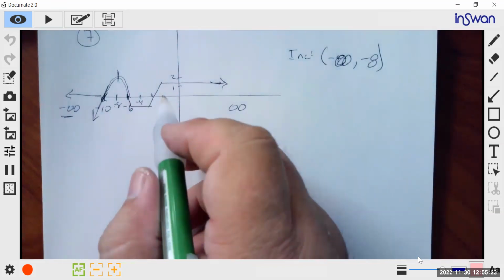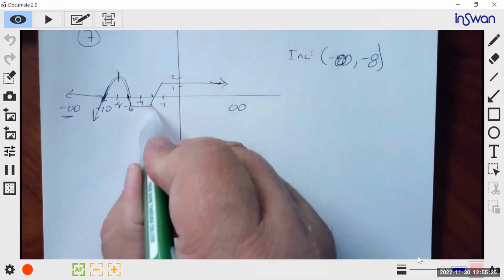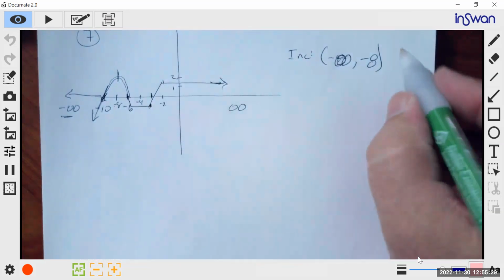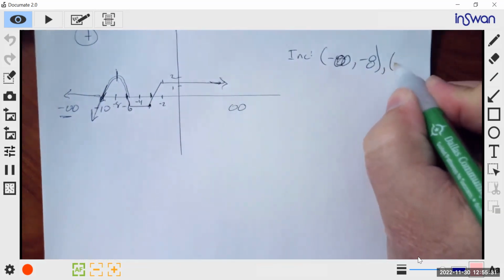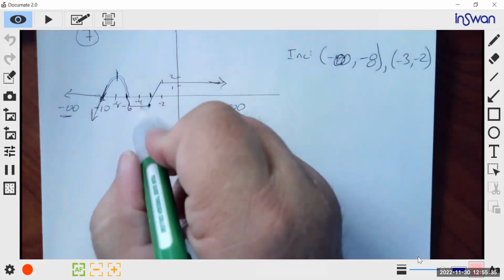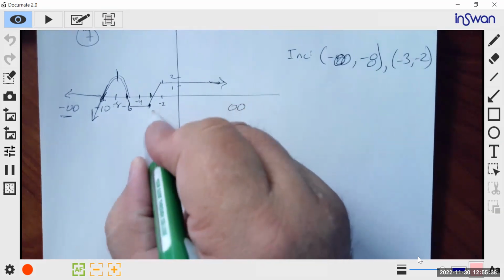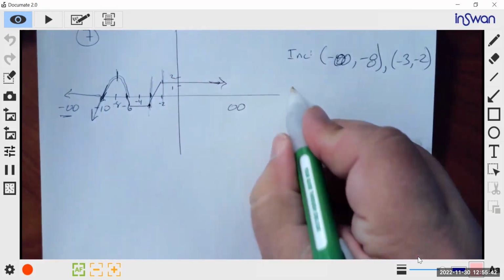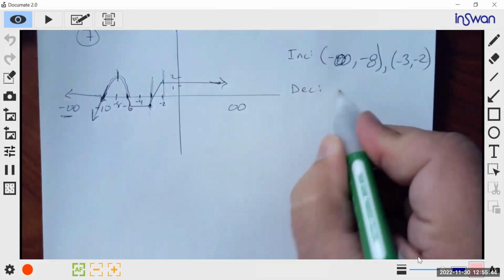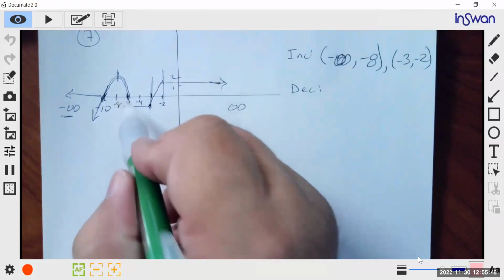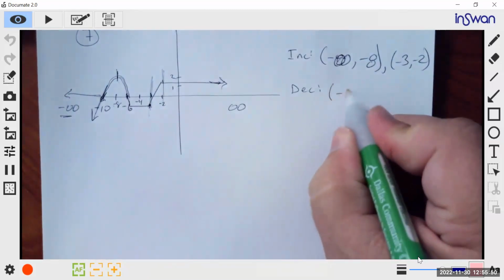It's also increasing from -3 to -2. So increasing here to here. Decreasing, it's going down between -8 and -6.